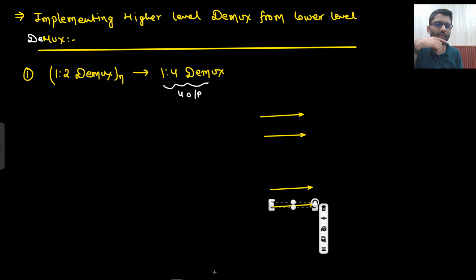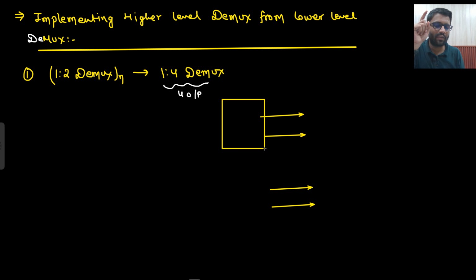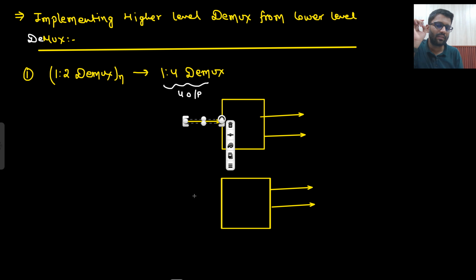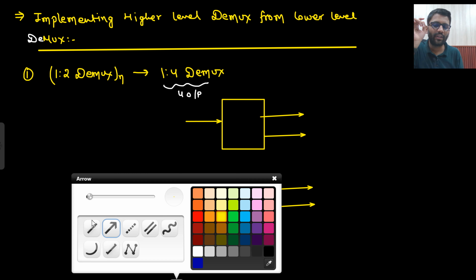Now you have only 1:2 demux. That means a 1:2 demux can take only 2 outputs, and this can take only 2 outputs. Now if 2 outputs are there, they will certainly have some input as well. Now there are 2 inputs, but you want only 1 input.